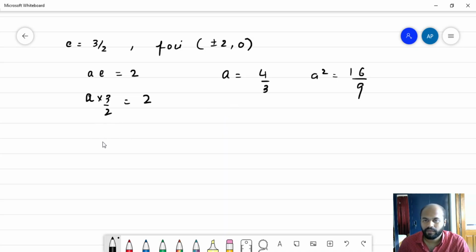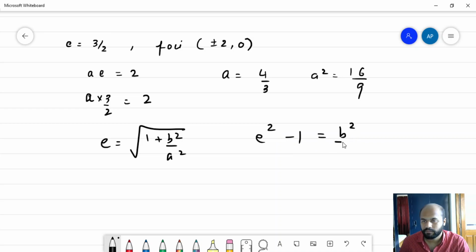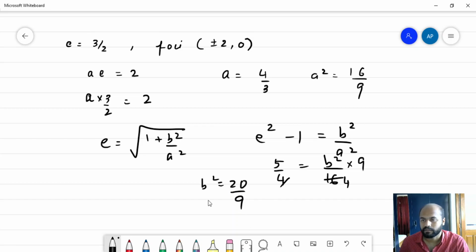Once this is done, we can find b as well, because we know that e square minus 1 is b square by a square. So e square is known to us, that is 9 by 4. 9 by 4 minus 1 will be 5 by 4. So b square by a square is 5 by 4, and a square is 16 by 9, so b square is 20 by 9.